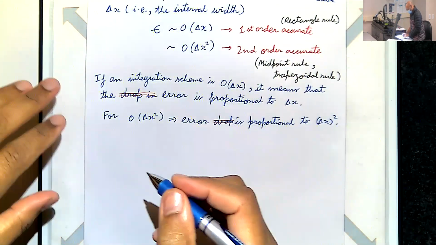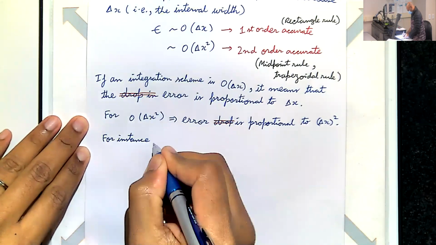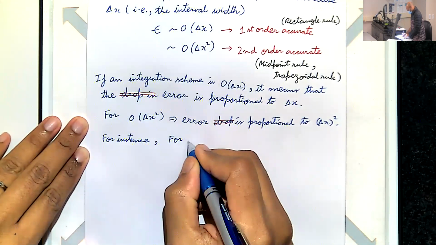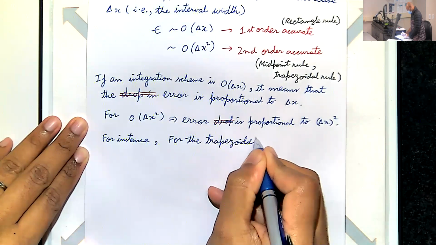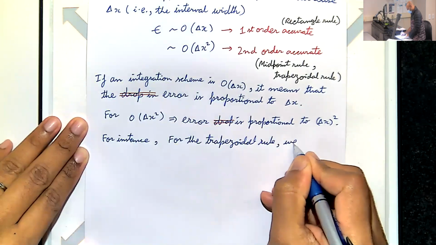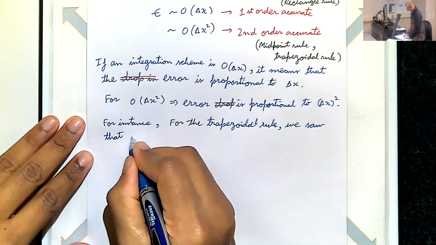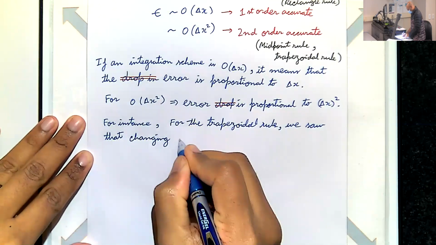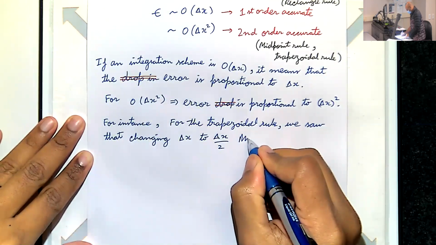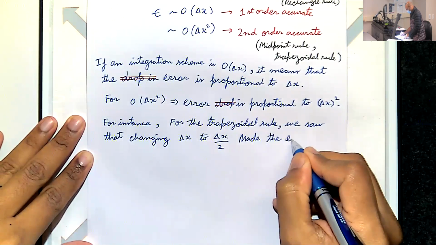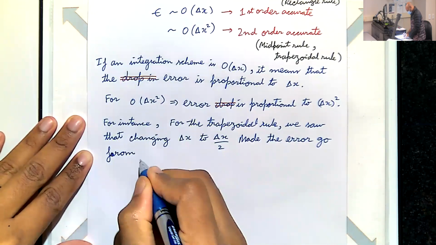And as an example, you can see for our trapezoidal rule example, we saw that changing delta x to delta x over 2 made the error go from, what was it, 22?